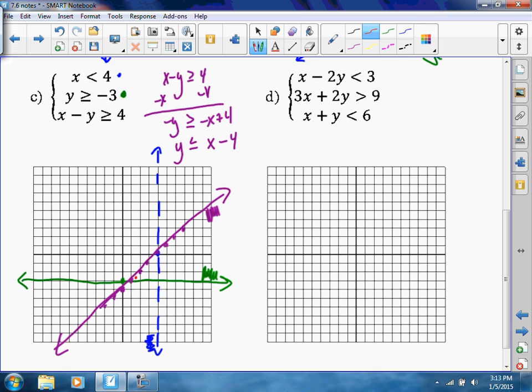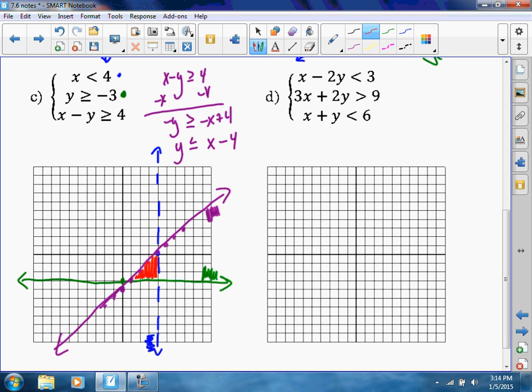So yeah, everything inside this triangle is where my solutions will be. So this is a good example where you might not want to shade the entire graph 3 times and then darken in the overlapped part. This is a good example where you just want to shade the part that's supposed to be darkened in or overlapped.